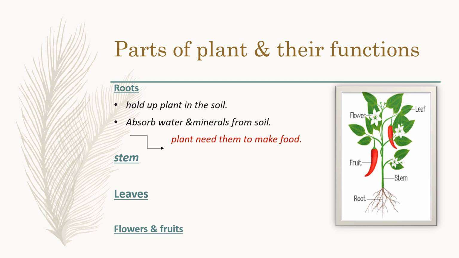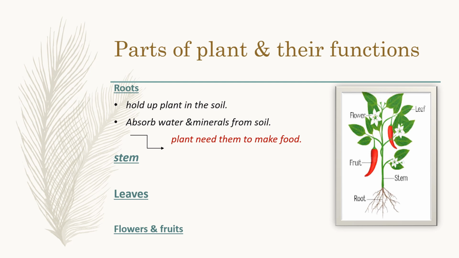So again, roots hold up the plant in the soil, or fix the plant in the soil. The plant needs to be fixed very well in the soil so it is not broken by the air, the wind, and so on. So what is the part that does this function? Roots fix or hold up the plant in the soil.